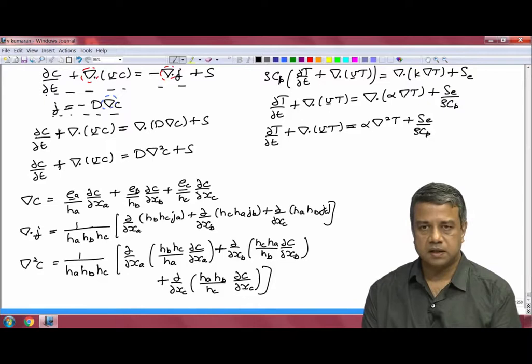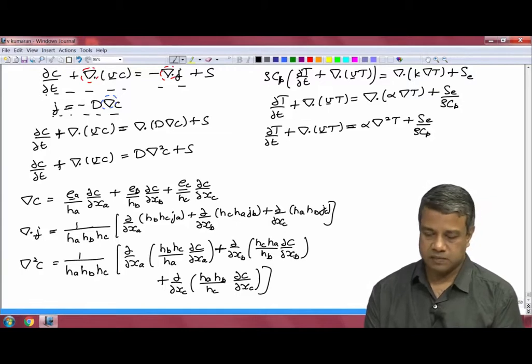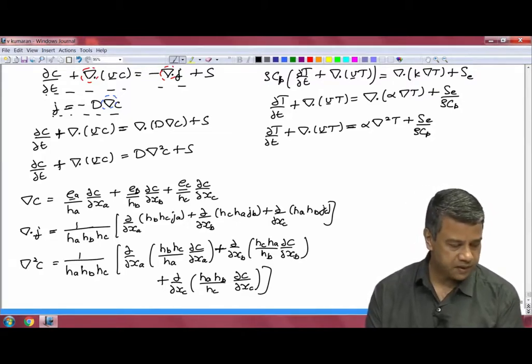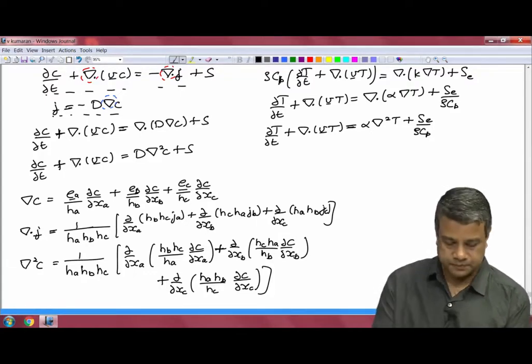So, you can get the energy balance equation by substituting T for C in the mass conservation equation, alpha for the diffusion coefficient, and the energy source by rho C p for the mass source in the mass conservation equation. Okay. So, the two are entirely equivalent.